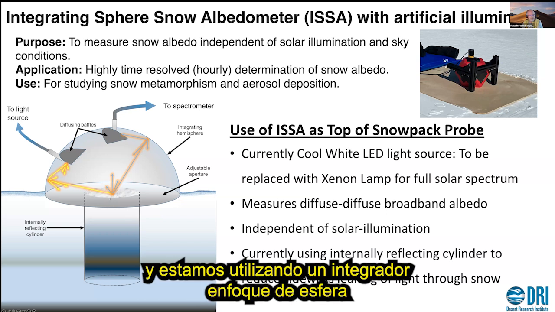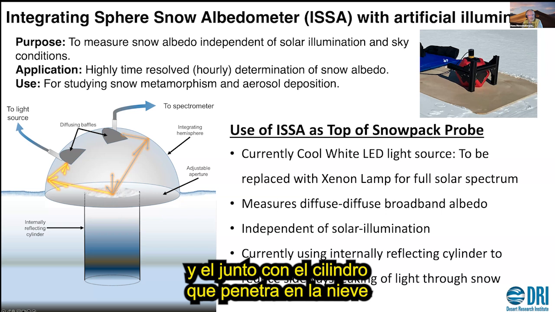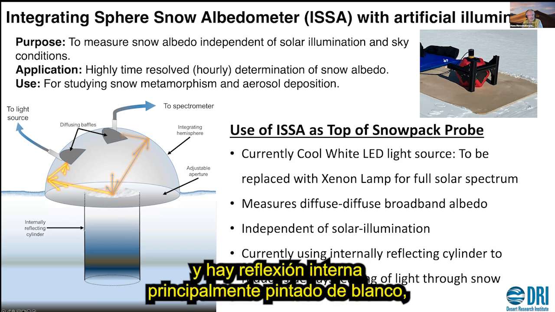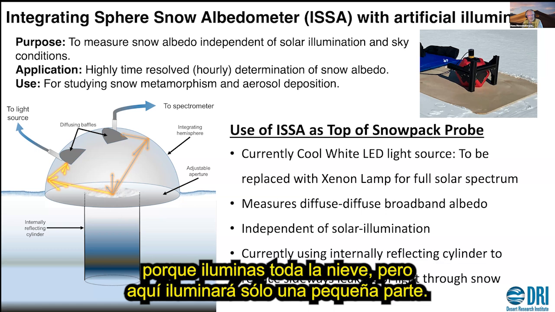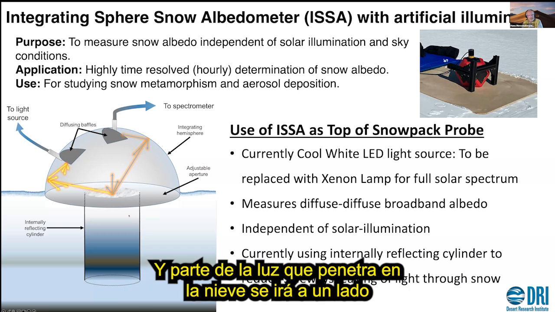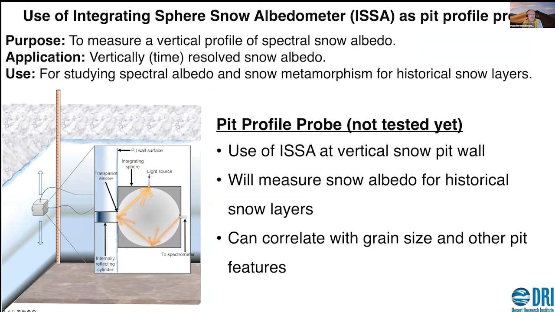And we're using an integrating sphere approach, and together with a cylinder which penetrates in the snow and is internally reflecting, mainly painted white, so none of the light escapes to the side. With the sun, it's not a problem because you illuminate all the snow, but here we'll illuminate only a small part, and some of the light which penetrates in the snow will go to the side.